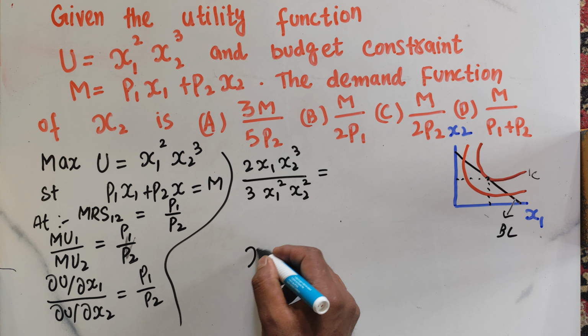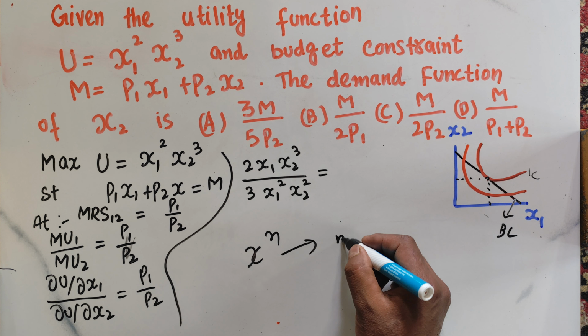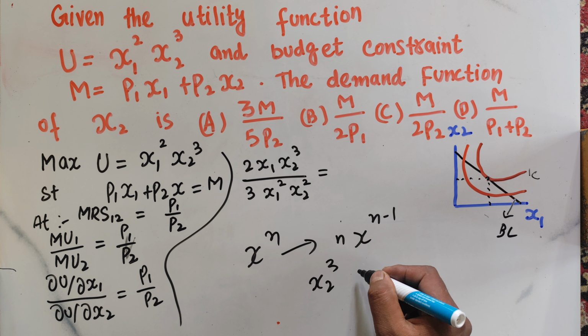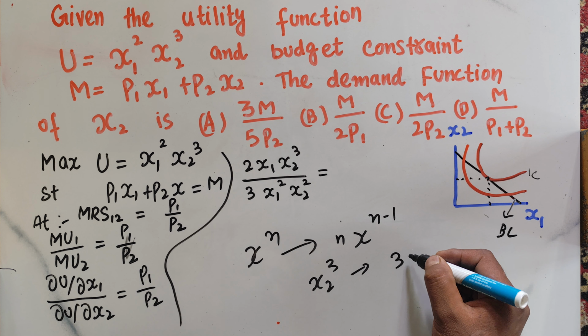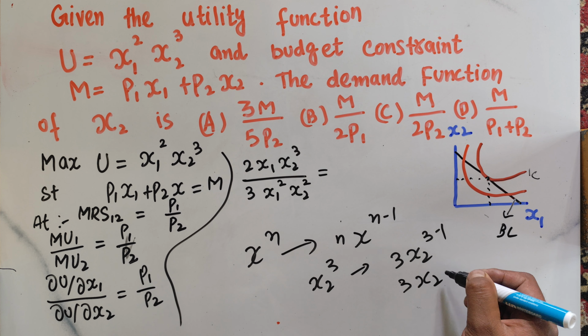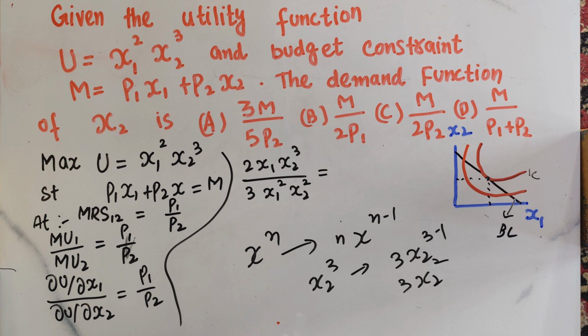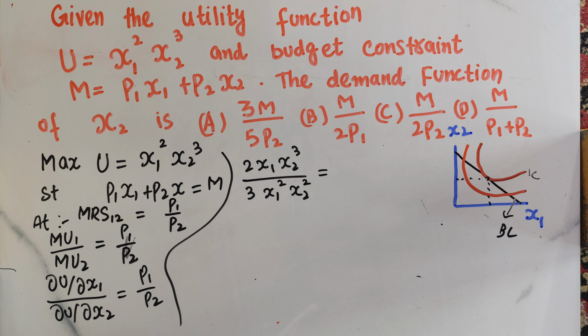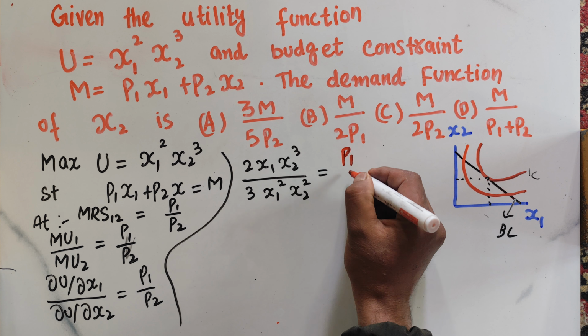By the power function rule, if we have x raised to power n, its derivative is n times x raised to power n minus 1. Here we have x2 cube, so 3 times x2 to the power 3 minus 1, which is 3x2 square. This should be equal to the ratio of the prices P1 upon P2.